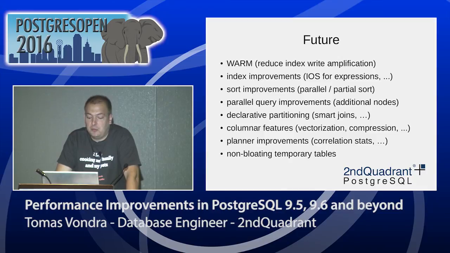And there is also a patch proposing different types of temporary tables that don't actually cause issues with catalogs. So I think this is really a brief outlook into the future. Maybe not features available in 10.0, but definitely features that people work on and are interested in.